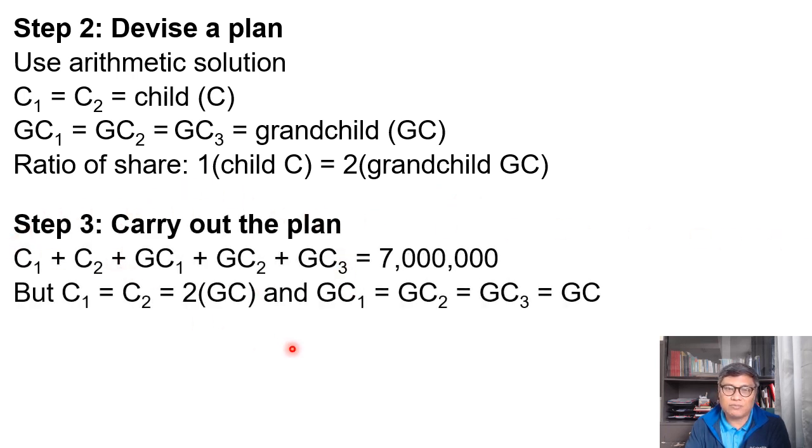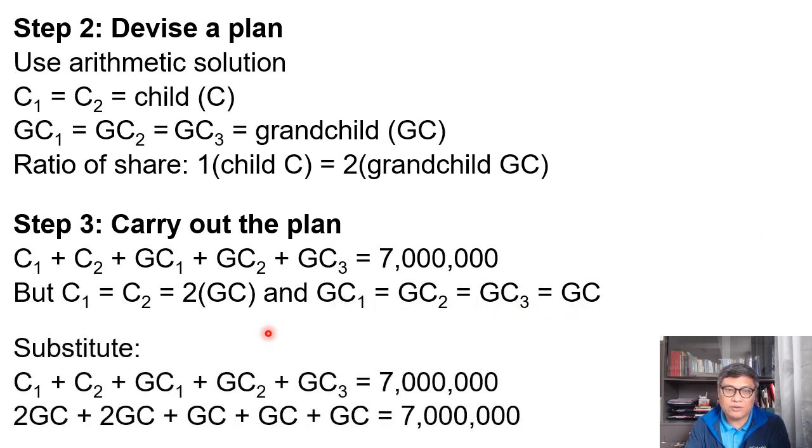Then we can carry out our plan. If I'm going to add, because there are only 5 persons who are receiving the 7 million, class, the two children plus the 3 grandchildren, the total should be 7 million. But accordingly, each child will receive twice as much as the grandchild. So the child can be having 2 grandchild equivalent. We are just changing our C sub 1 and C sub 2 into the grandchild, so the first, second, and third grandchild will simply be your grandchild here.